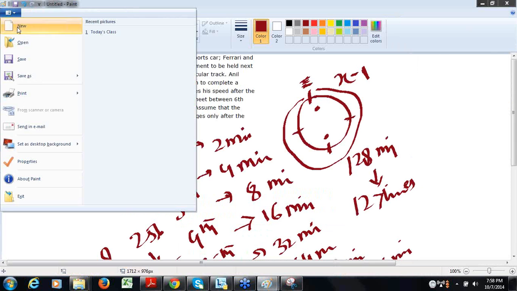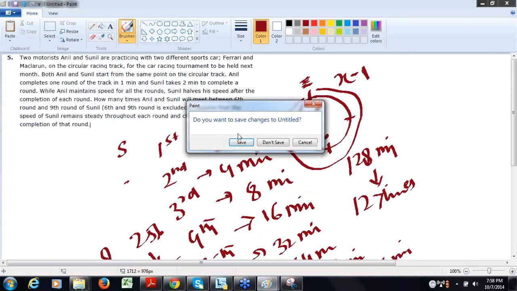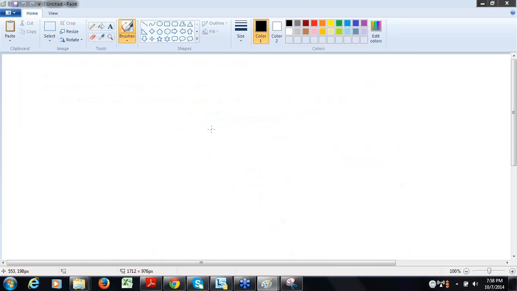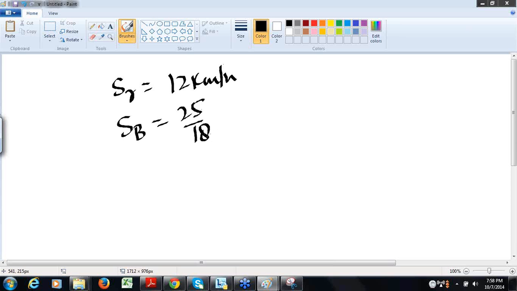It's a simple, straightforward question. So speed of river is what? 12 kilometer per hour. Speed of boy is what? 25 by 18 meter per second, which is equal to what? 5 kilometer per hour.